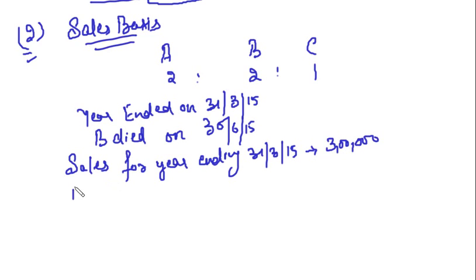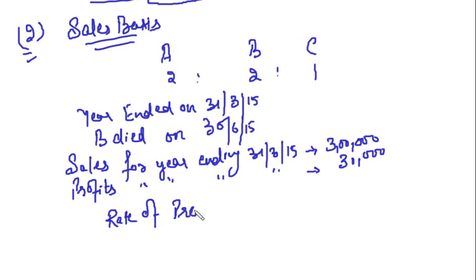Right? Next they say the profits for the year ending 31st March 15 are 30,000. Now, can you tell me the rate of profit on sale? We can calculate how? Profits divided by sales multiplied by 100.